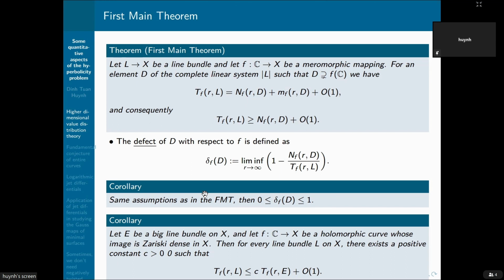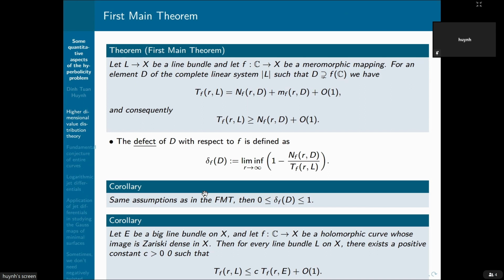Since the proximity function is positive, the counting function of f with respect to D is bounded from above by the order function. If you define the defect of D with respect to f by taking the limit of the proximity function over the order function as t tends to infinity, then the quantity is between 0 and 1.